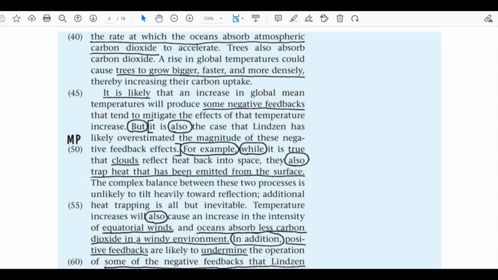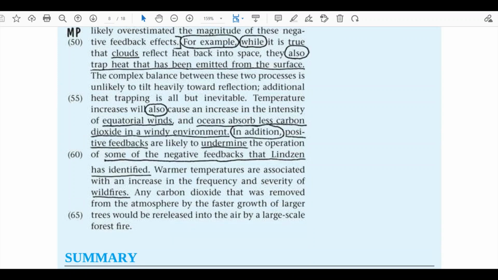The complex balance between these two processes is unlikely to tilt heavily toward reflection. Additional heat trapping is all but inevitable. Temperature increases will also cause an increase in the intensity of equatorial winds, and oceans absorb less carbon dioxide in a windy environment.